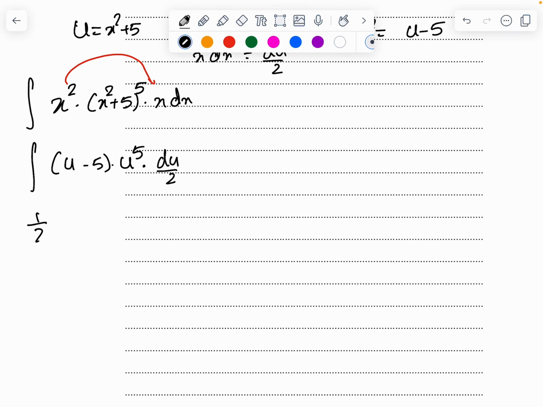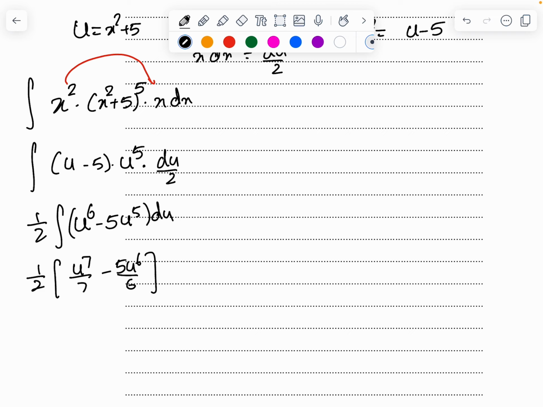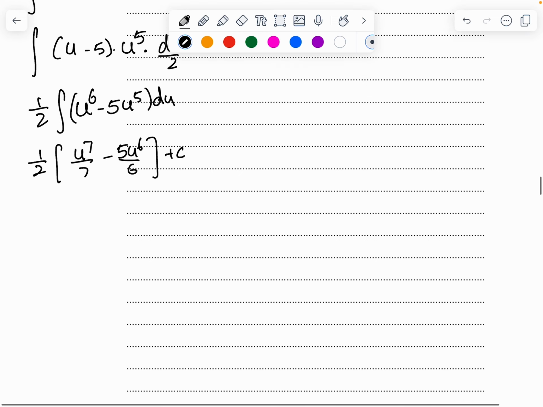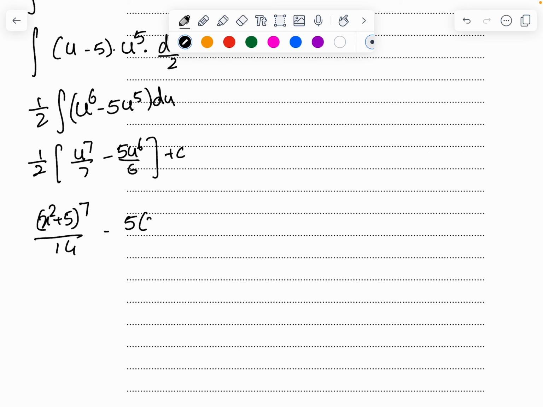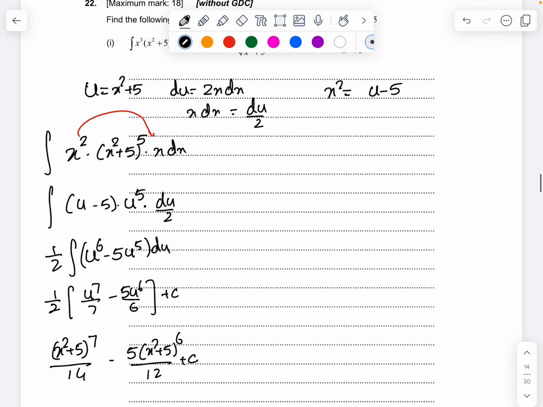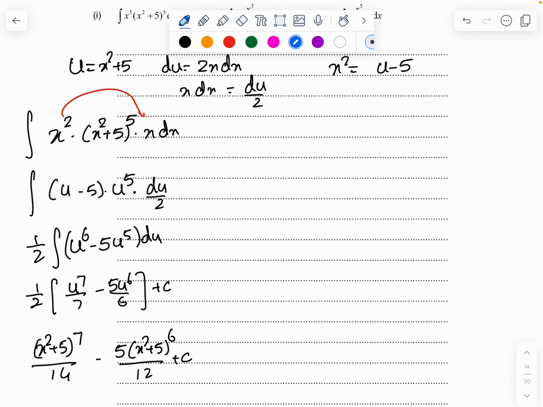So 1 upon 2 integral of u power 6 minus 5 u power 5 du. So it becomes 1 upon 2 times u power 7 upon 7 minus 5 u power 6 upon 6 plus c. What is u? u is x square plus 5, so it is x square plus 5 whole to the power of 7 upon 14 minus 5 times x square plus 5 whole to the power of 6 upon 12 plus c. That is the first part. Now coming to the second part.